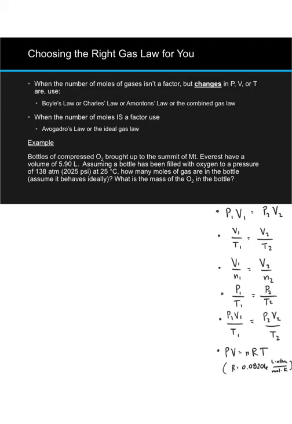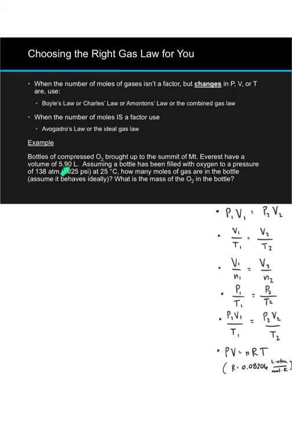So, see if you can solve this problem, which requires you to identify an appropriate gas law, and come back for a solution when you're done. Suppose that you wanted to bring some bottles of oxygen along with you as you summit Mount Everest.